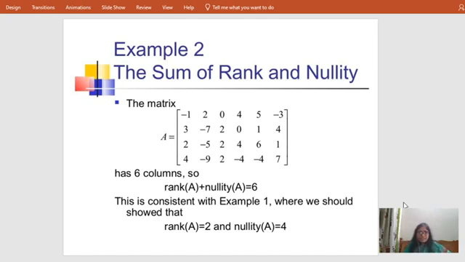Second row is 3, -7, 2, 0, 1, 4. Third row is 2, -5, 2, 4, 6, 1. Fourth row is 4, -9, 2, -4, -4, 7. Again, this is a 4 by 6 matrix. Therefore, the number of columns is equal to 6.